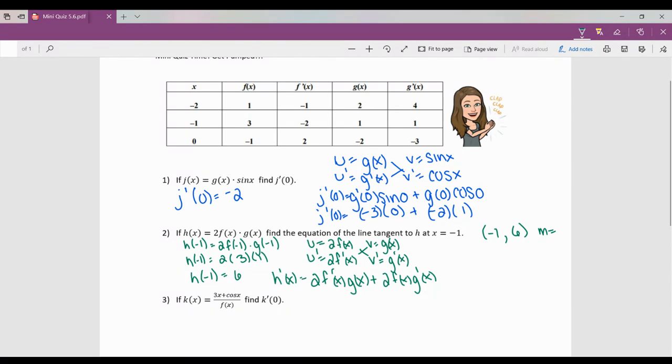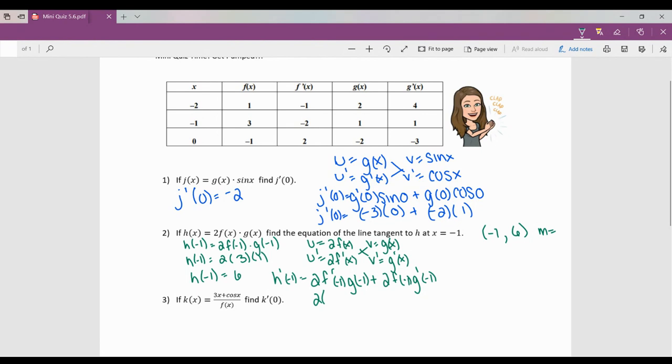Okay, so now what I want to do is replace all the x's with -1, because that's where I am evaluating it this time. So we've got 2 times f prime of -1.